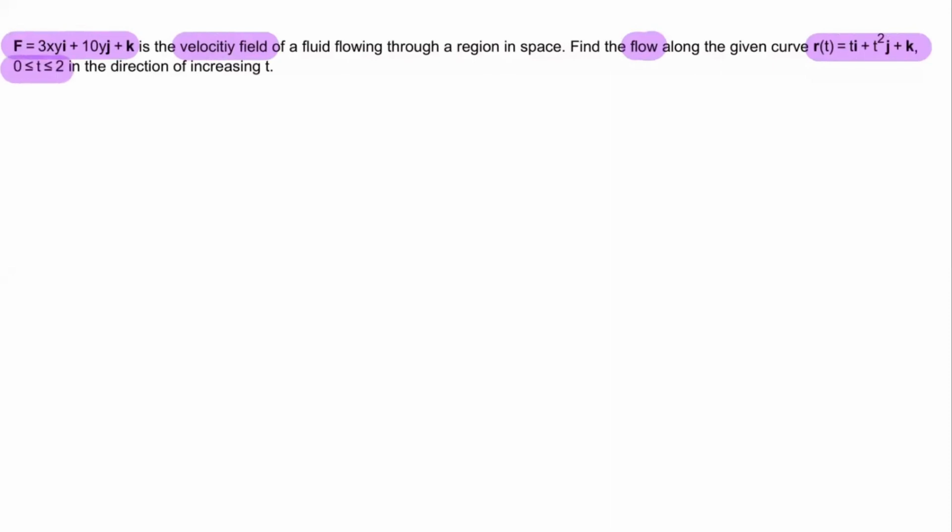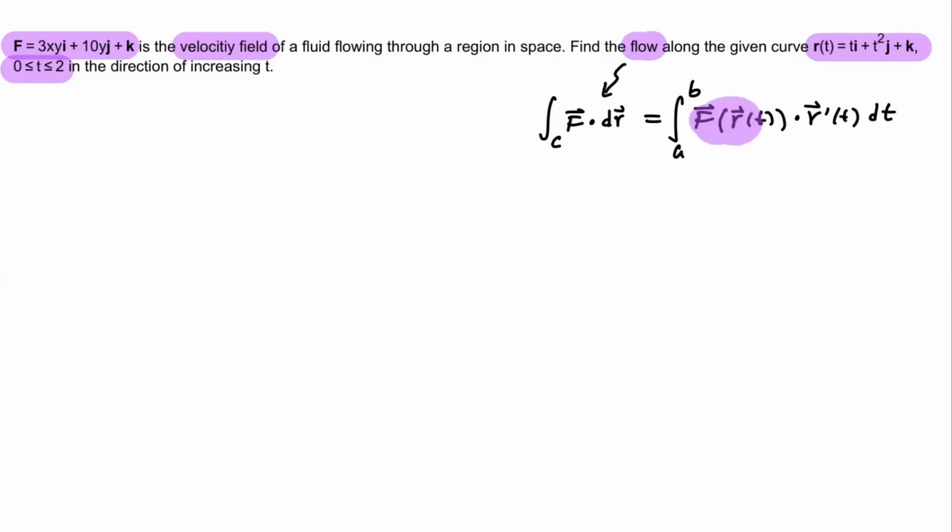We know that our flow integral is the line integral along the curve C of F dotted with dr, which is the same as writing the integral from a to b of F of R of t dotted with R prime of t dt. So we need to find what F of R of t is and what R prime of t is, and do the dot product. And these are the limits of integration for t.